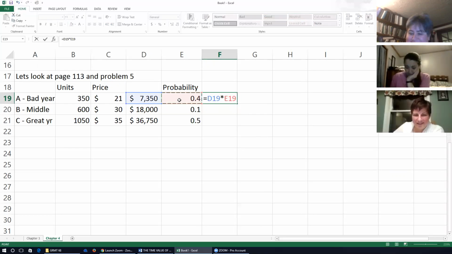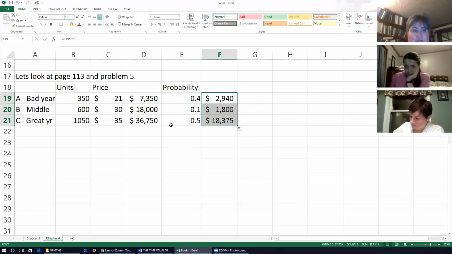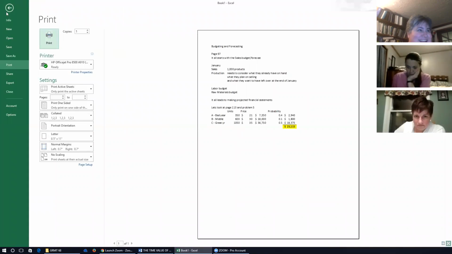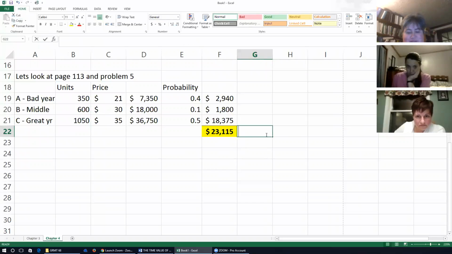Make sense? Okay, so do that for each one, how much the year was going to be by the percentage, and then you just add them up. And that gives you the final projected sales.